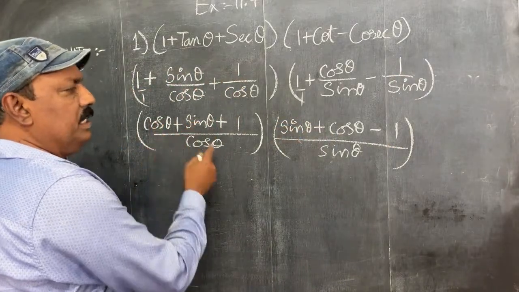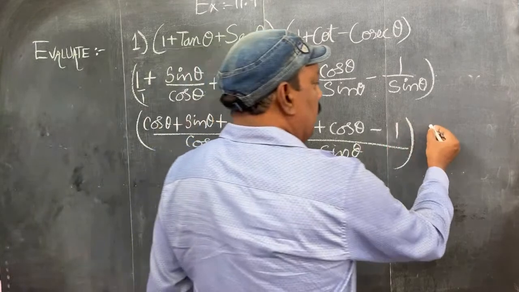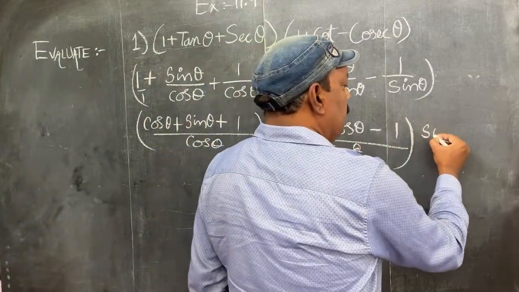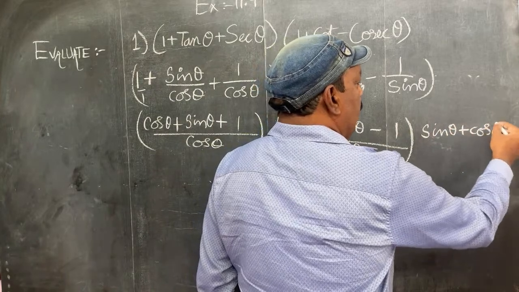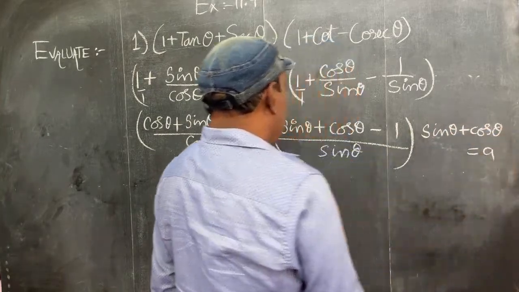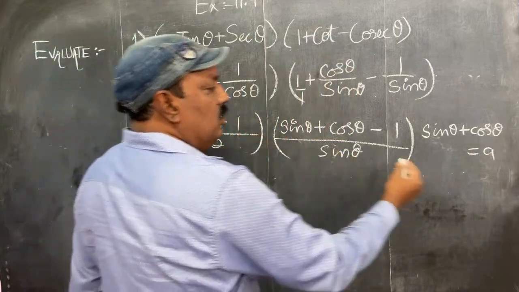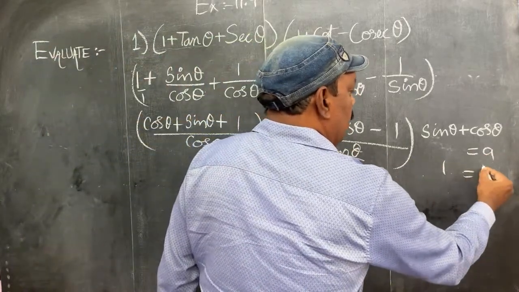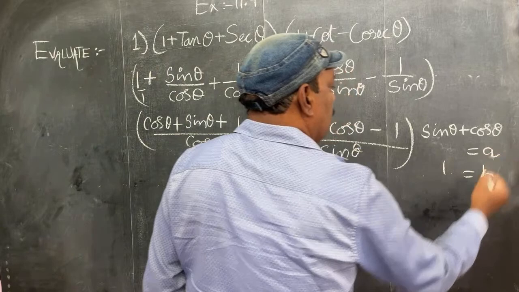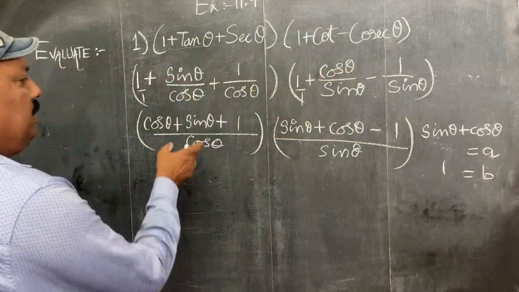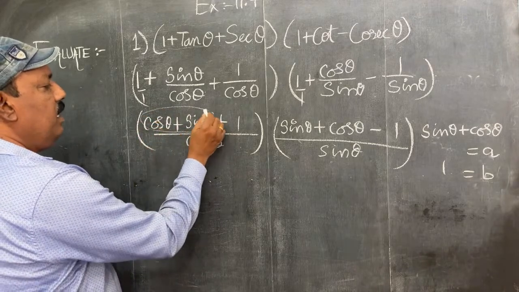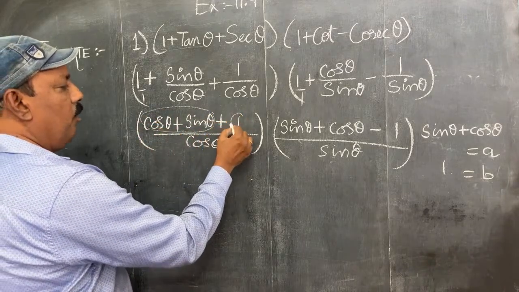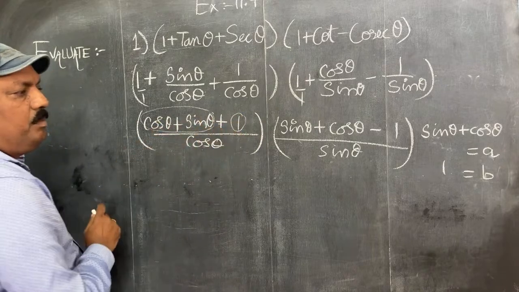Sin theta plus cos theta, I am considering as A. Sin theta plus cos theta is equal to A, and this one is equal to B. Once again, sin theta plus cos theta, I am considering as A, plus 1 is B. So A plus B term here.